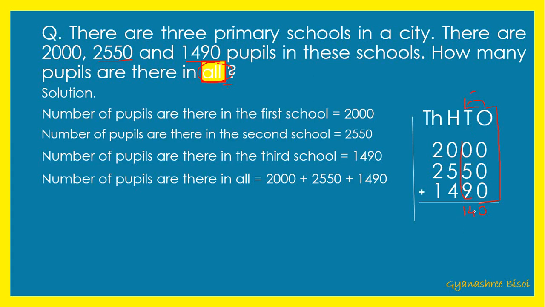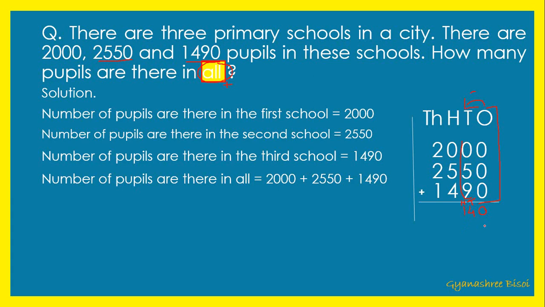So 14 cannot be placed below tens place. So 4 is at tens place and 1 is at hundreds place, because I got this number by adding the digits which are at tens place. So 4 is at tens place and at hundreds place 1.